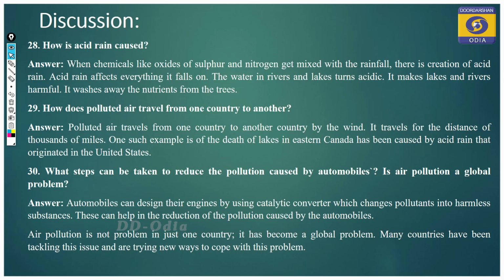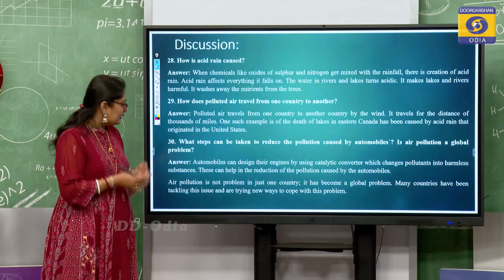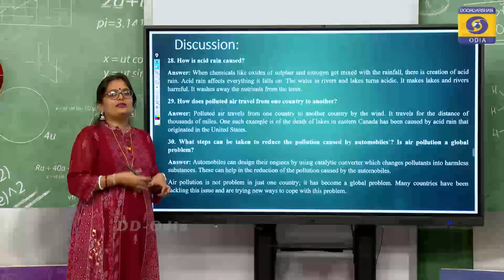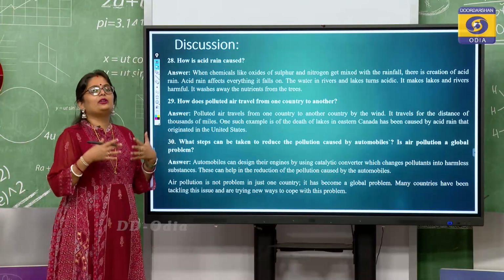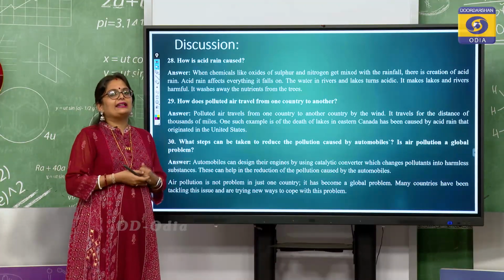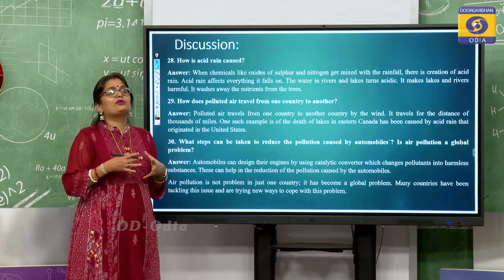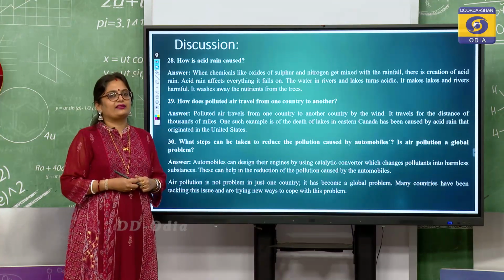It will change the toxic gases into harmless products. And once this has been done, it can be released into the atmosphere. Now, many countries have been trying to tackle this issue, but let's see how far it is effective. Many countries have been doing their best in tackling air pollution issues, but we have to see how effective the measures are.